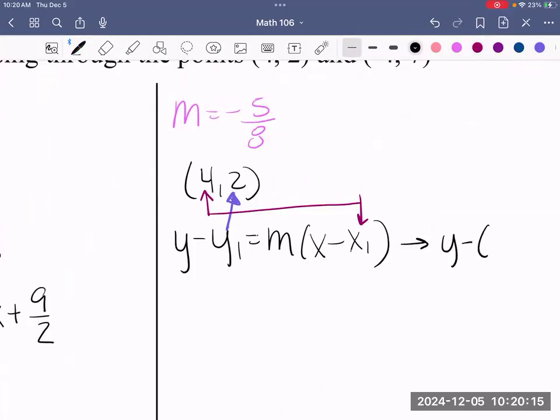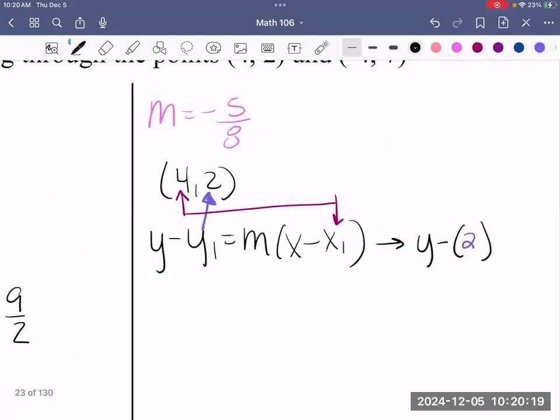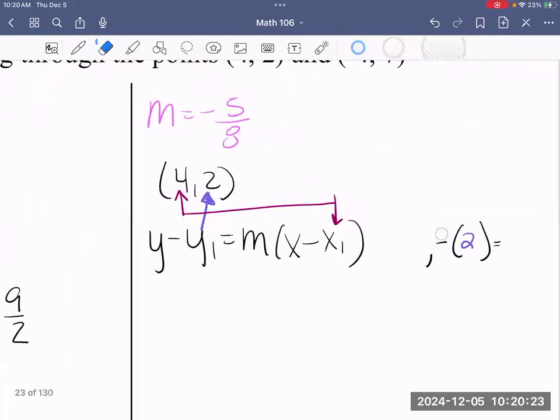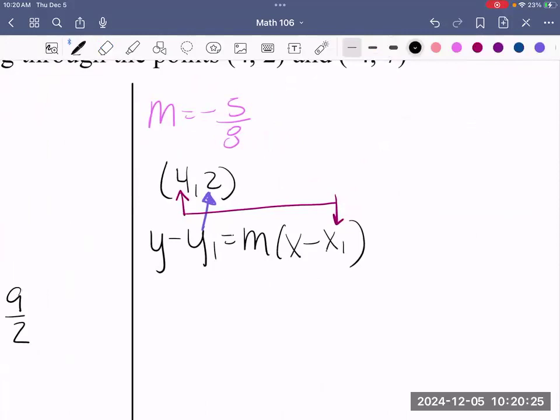Y minus y1 is equal to, and I wrote a little bit too big for this particular one, let's put it right underneath. Y minus 2 is equal to negative 5 over 8 times x minus 4.